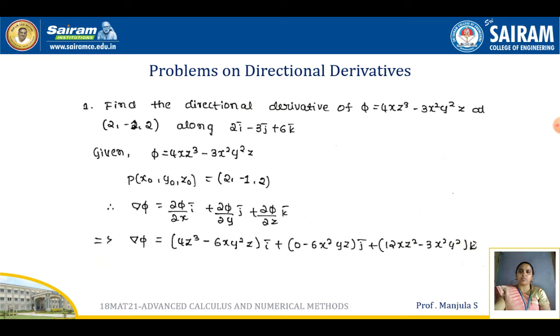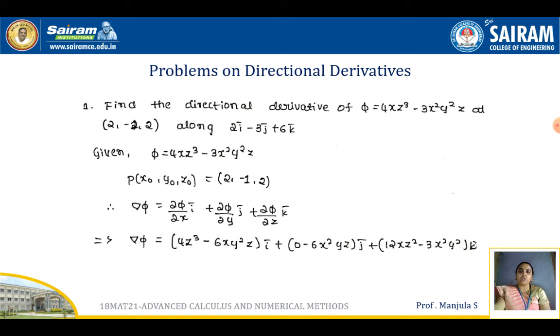The first problem: find the directional derivative of phi equals 4xz cube minus 3x square y square z at the point (2, -1, 2) along 2i cap minus 3j cap plus 6k cap.